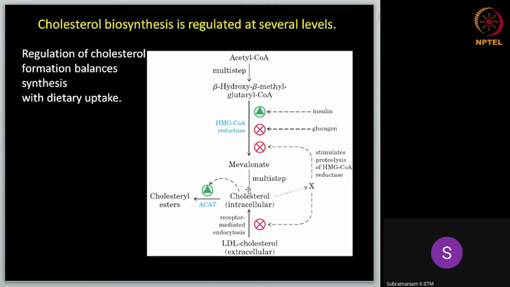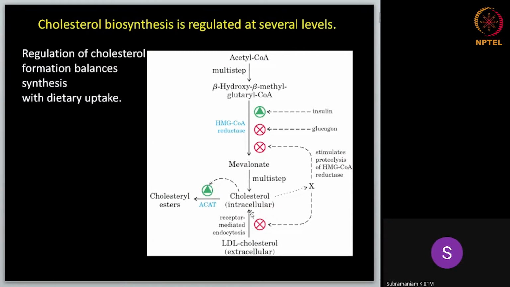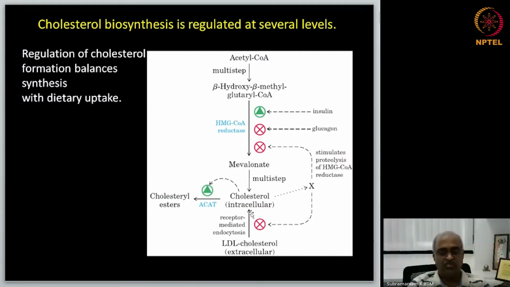Then we know from mevalonate, through multiple steps you go to cholesterol, and cholesterol itself has a feedback kind of regulation. One, it suppresses LDL uptake, because LDL is the one that is going to bring cholesterol, and when you have a lot of cholesterol already in the cytoplasm, you don't want to take more LDL into the cell.